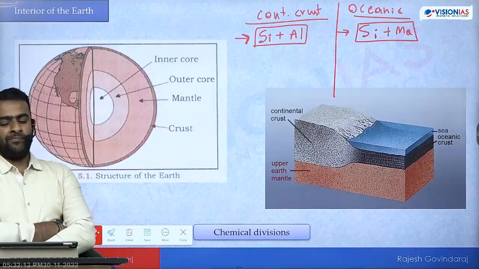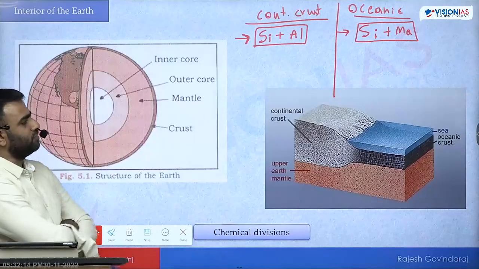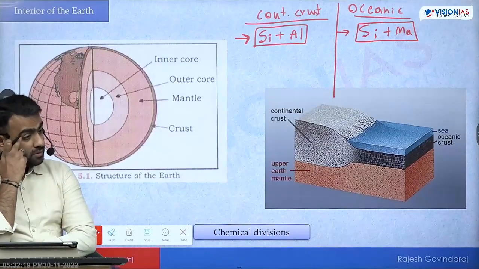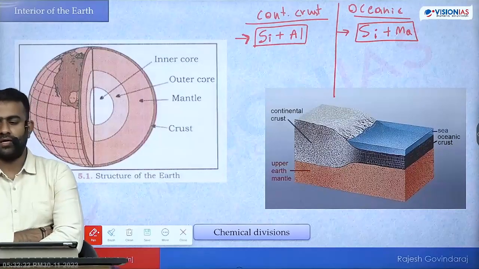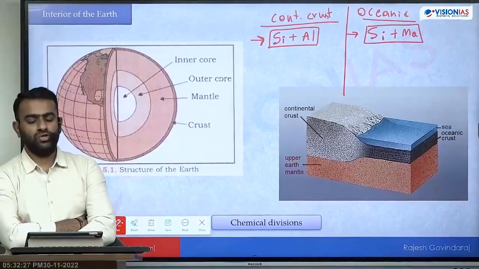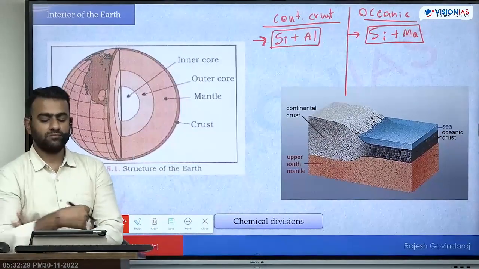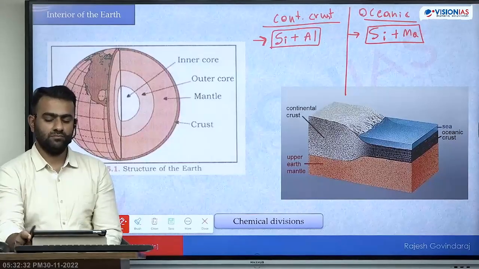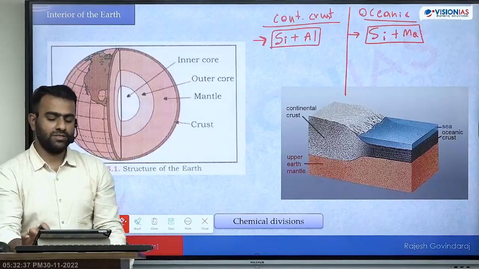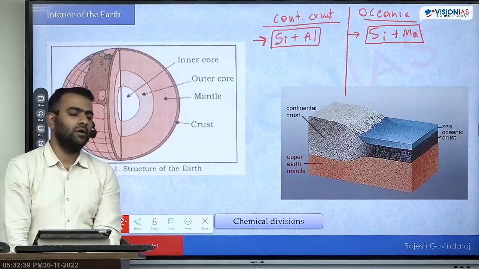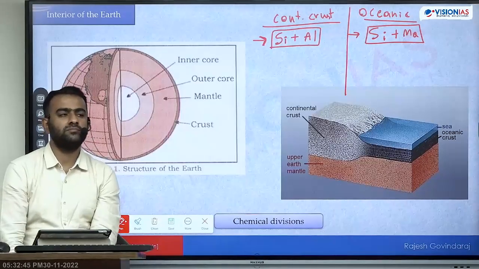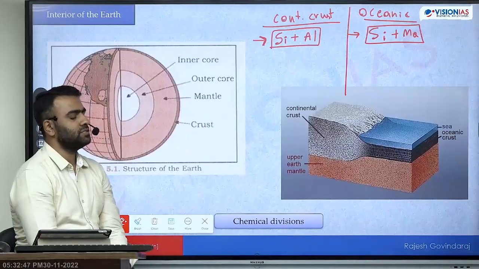Next point, crust is of two types. Continental crust and oceanic crust. ठीक है, उसके नीचे दो कॉलम बना दो, वहीं पे लिख लेता है डिफरेंसेस. कॉन्टिनेंटल क्रस्ट एंड ओशनिक क्रस्ट.